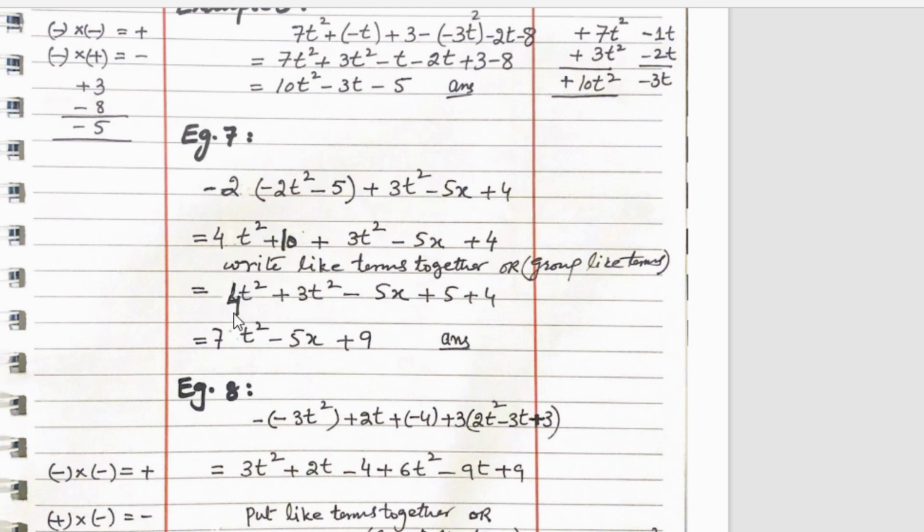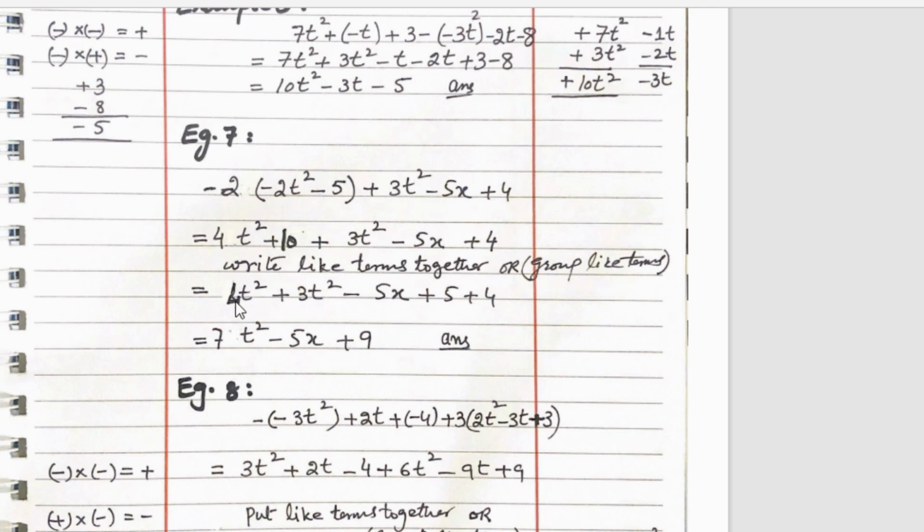4t square down, like term, 3t square along with it, and similarly minus 5x, there is no like term with it, so it will come alone down, and plus 10 and plus 4 are constant terms, will be written together. Now when we add up 4t square and t square again, suppose this is your surname.